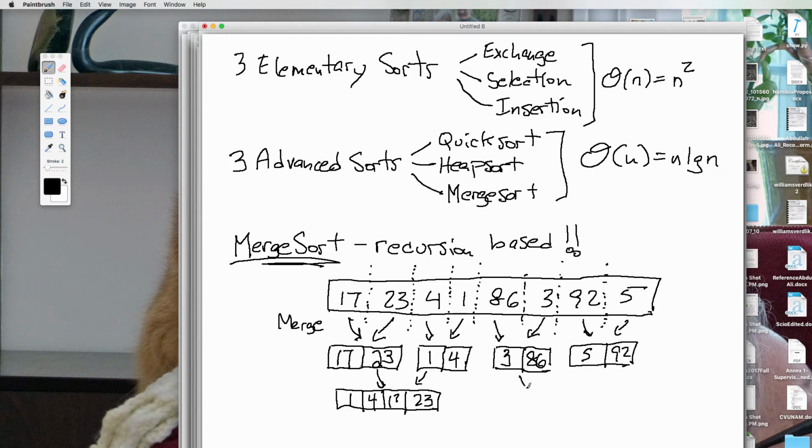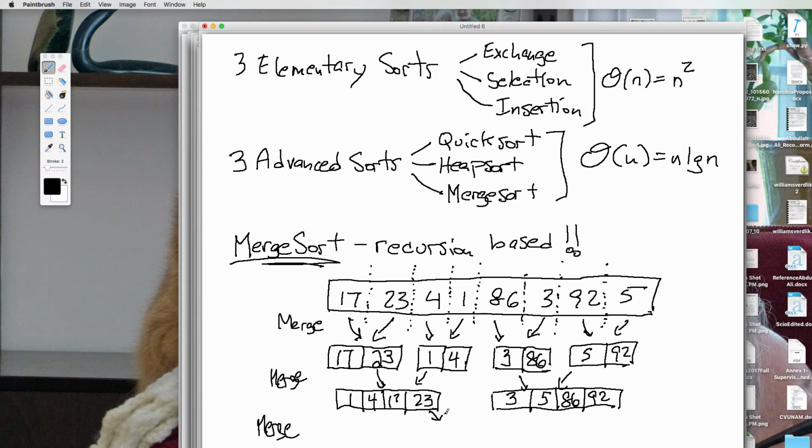And I'm going to merge these into a sorted array. So I'm going to get 3, 5, 86, and 92. So that was a merge. And I'm going to do one more merge.